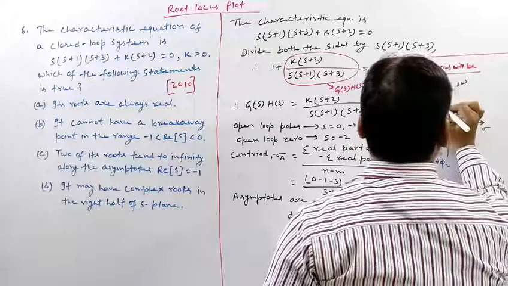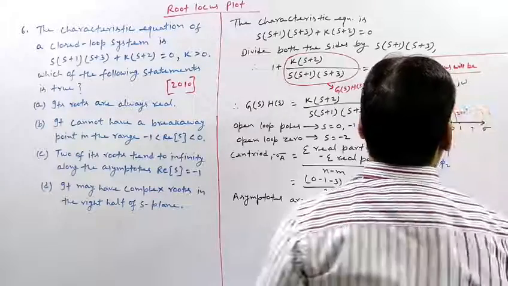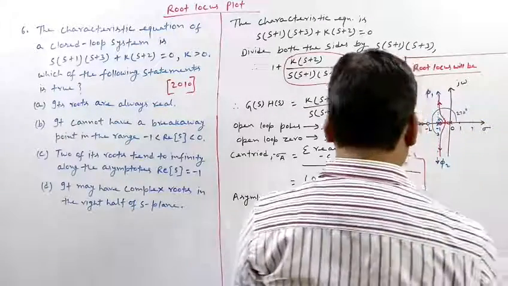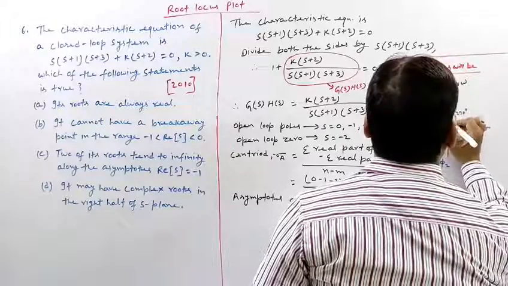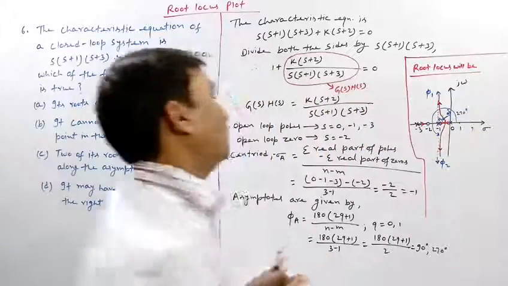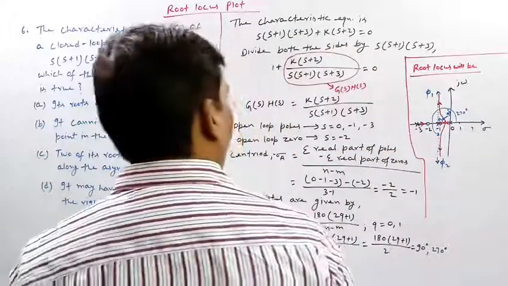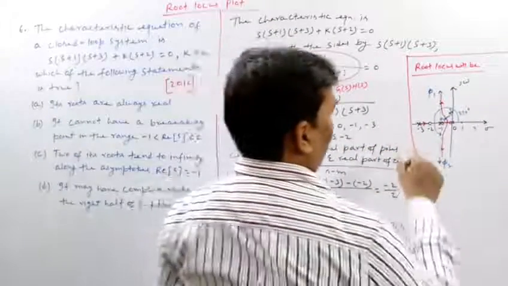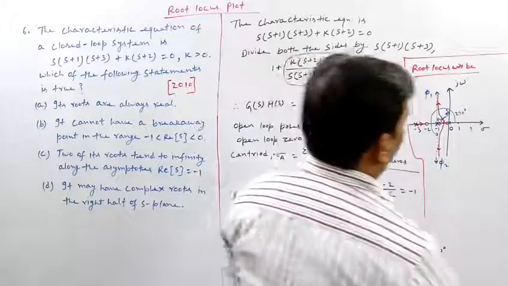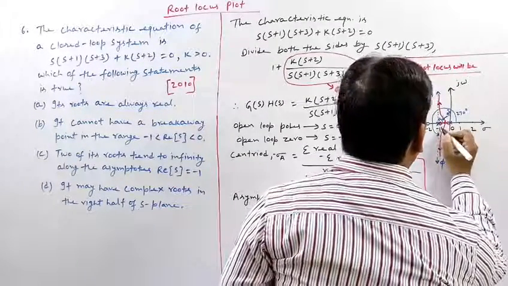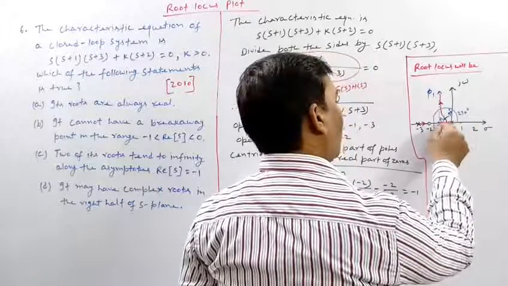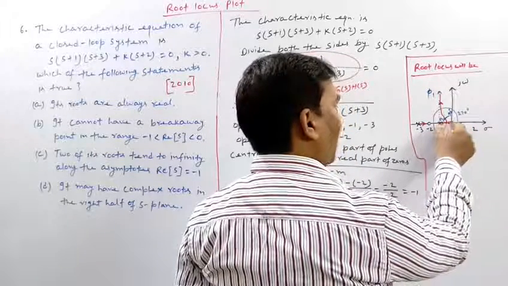Let us write 90 degrees here. So now it is clear that one branch of the root locus will be from -3 to -2, and the other two branches will be: one will originate from -1, another will originate from 0, and both of them will meet somewhere between -1 and 0 and then break away.